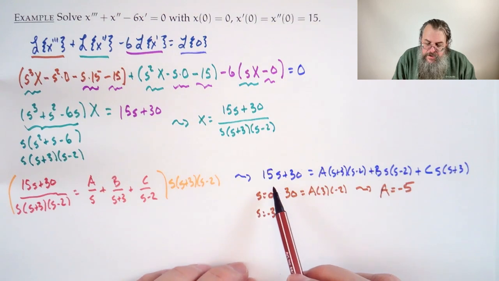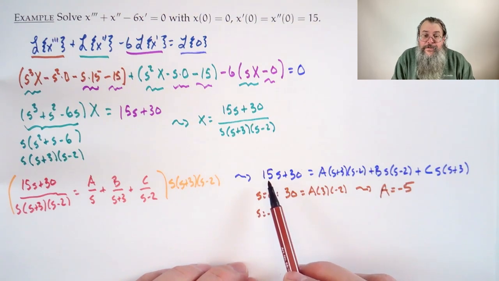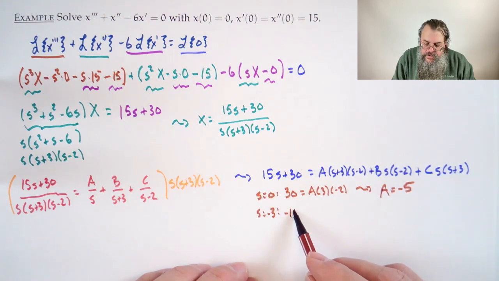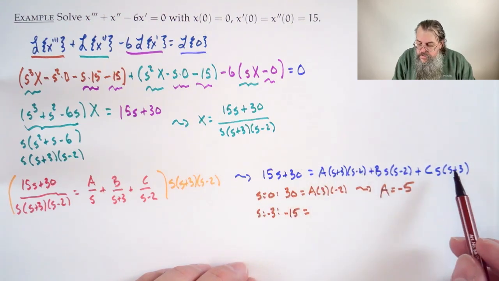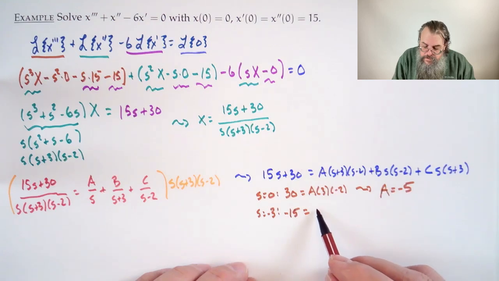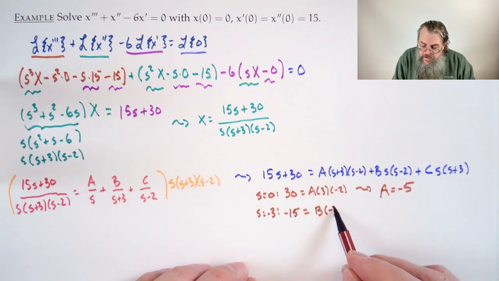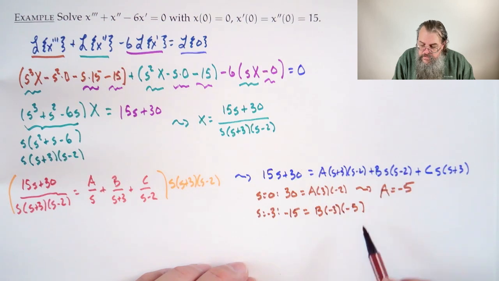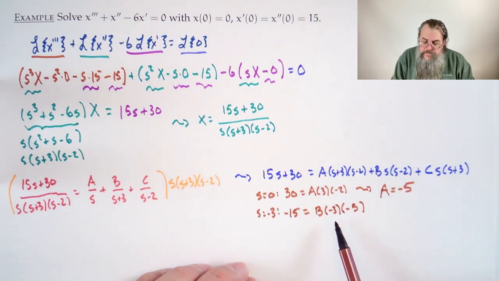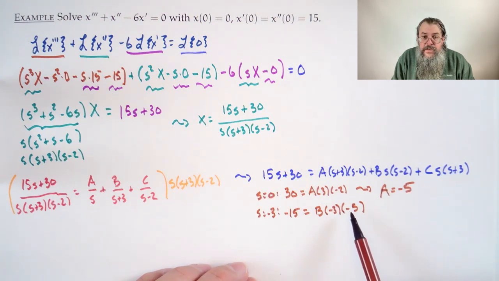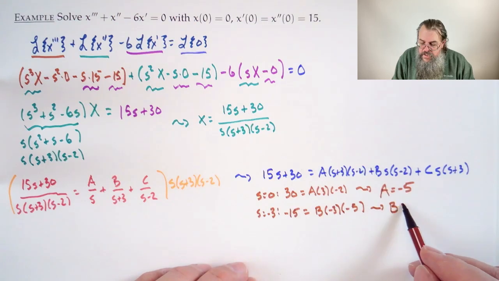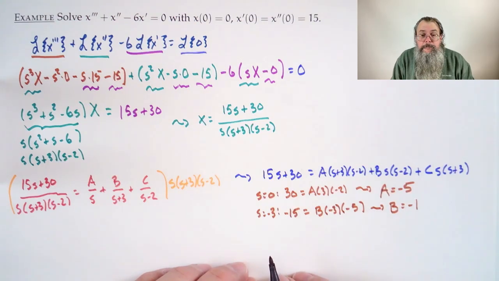So negative 3, all right. Well, okay, we've got to think a little bit here. Negative 45 plus 30 is negative 15. Gone, gone. What's left? Well, we get b times negative 3 times negative 5. Okay, well, negative 3 times negative 5 is a plus 15. Negative 15 divided by 15, well, that says b is negative 1.